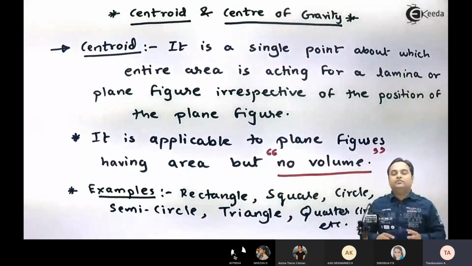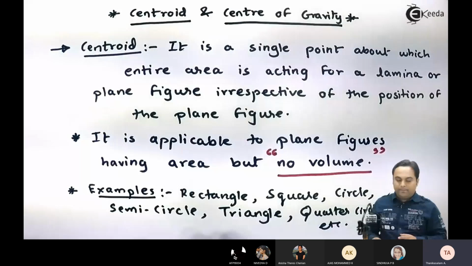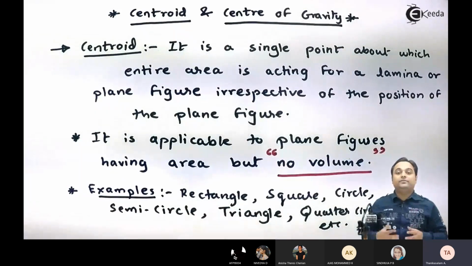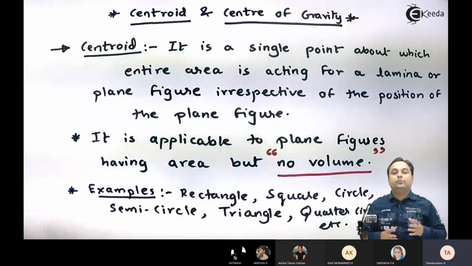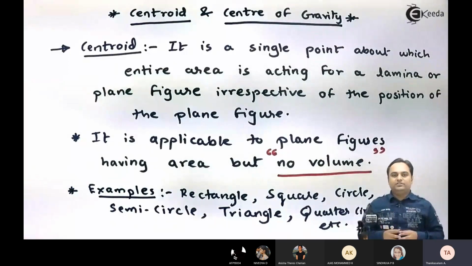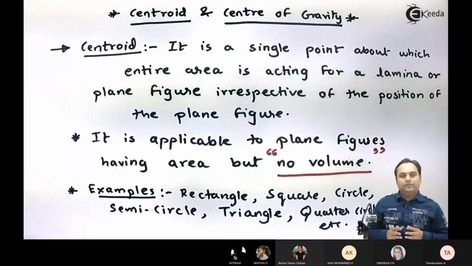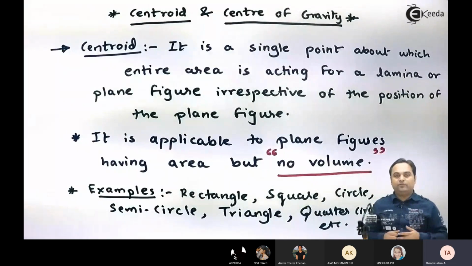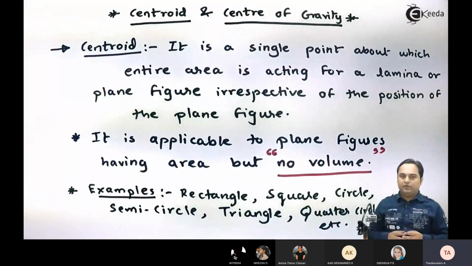Or if it is possible, you can combine, like for example, you can combine rectangle and triangle, then it becomes a composite figure. Composite figure is that figure in which you are having more than one plane figure. So if you have two plane figures, it becomes a composite plane figure, and you can even go on increasing the number of plane figures. Minimum two are required.